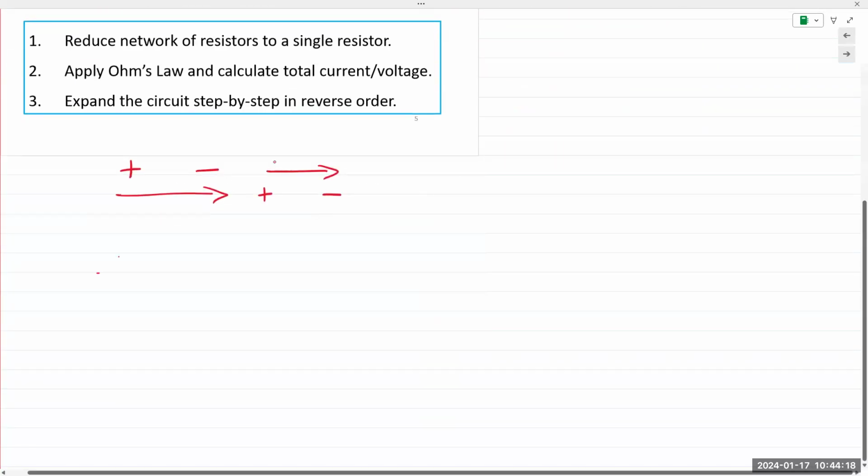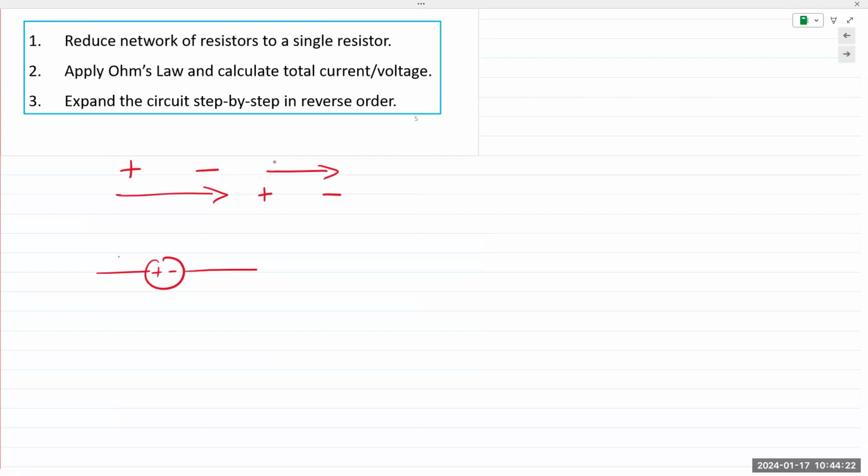If you were given a voltage source, plus or minus, the current is going from minus to plus. If you are given a current source, where is the plus and where's the minus? What's on the left? Minus. And plus on the right.